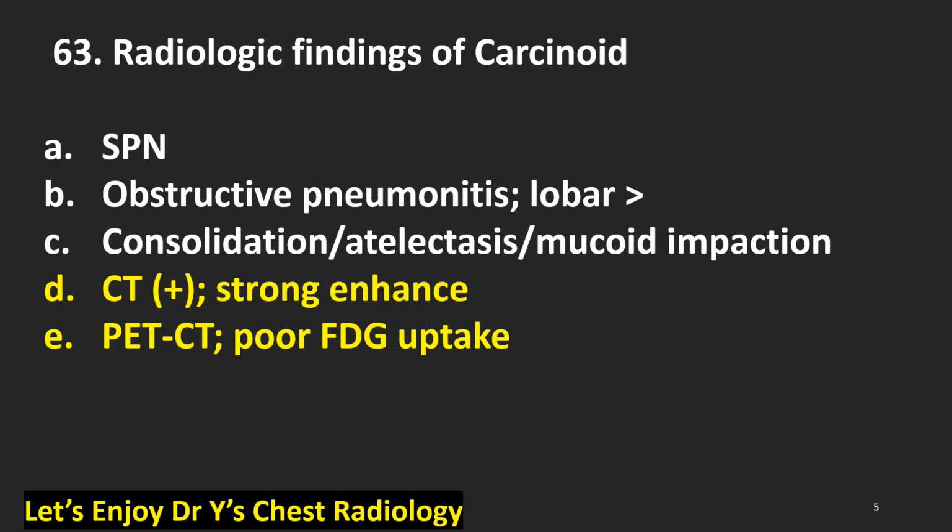Most importantly, they usually show strong enhancement on contrast-enhanced chest CT, and they usually show poor or non-FDG uptake at PET-CT. These two features strongly suggest pulmonary carcinoid tumors.